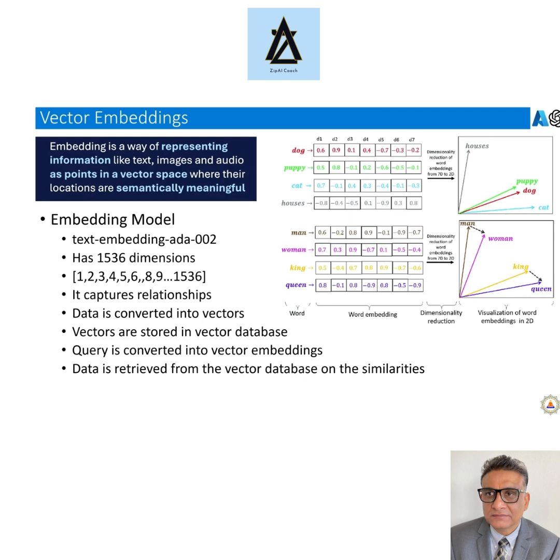For example, if you see on the right, you can see how man and woman are represented and they are close to each other, and king and queen are represented differently. So this is basically a machine learning technology that helps to perform a similarity search, because exact search is not possible like we do in our online systems.